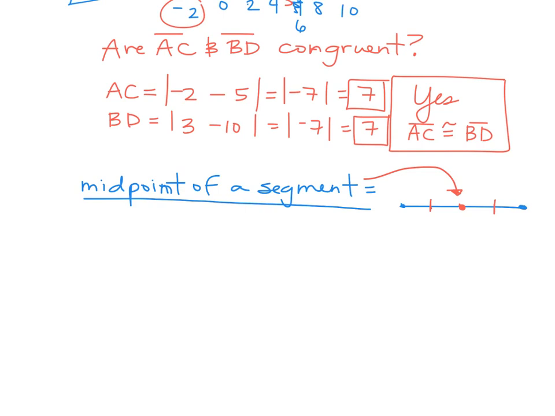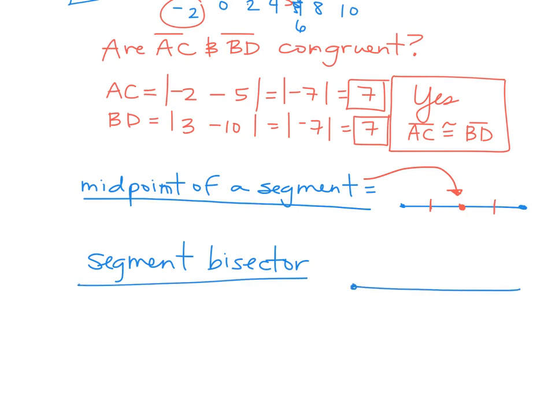A segment bisector is very similar, but instead of being a point, it'll be like a line or a ray or another segment that cuts it in half. So a segment bisector would be if I had something like this, and then through the middle of it, I drew a line.